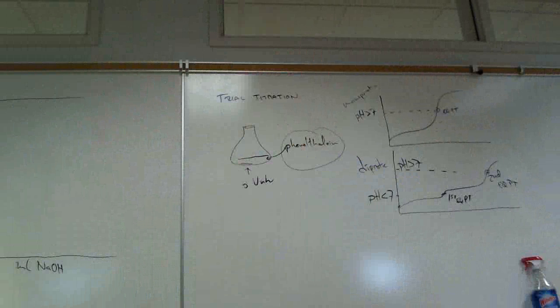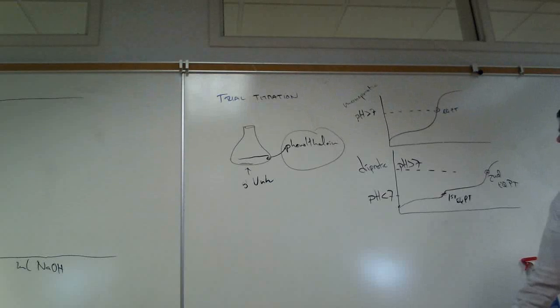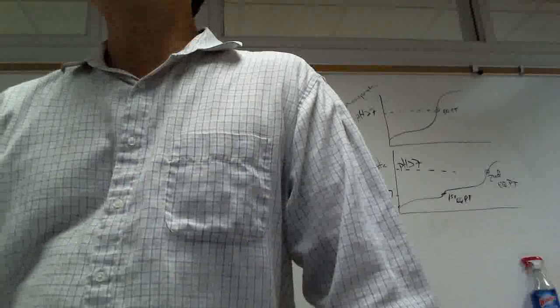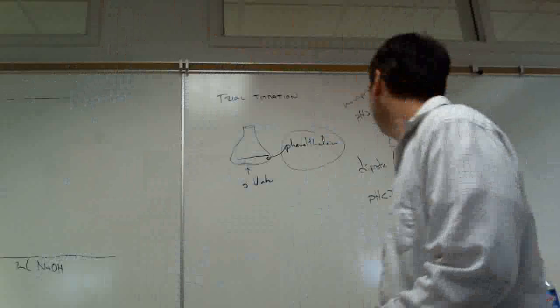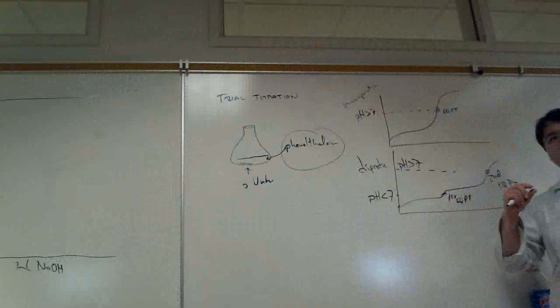In Chem 1B, we can tell the difference by looking at the shape of the titration curve. In Chem 1A, you're told if it's monoprotic or diprotic. But sometimes telling by the shape is very tricky. You know why? Number one, this first equivalence point is not very pronounced.